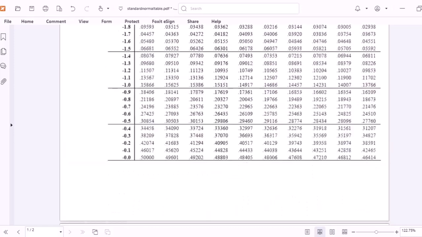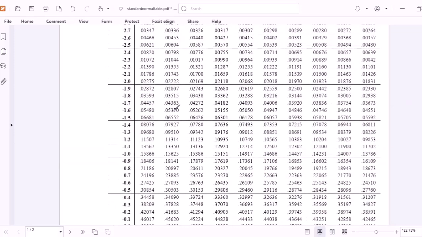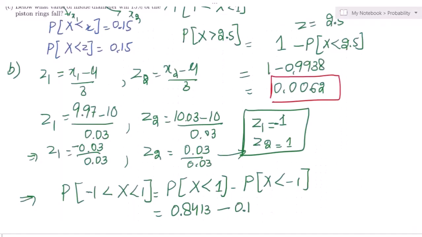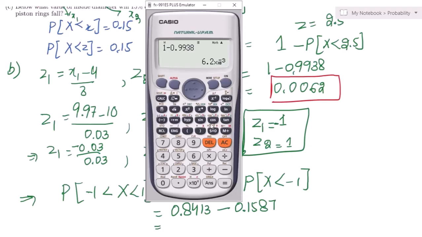So less than -1 is, this is here 0.1587. Okay, so here first let me calculate it.